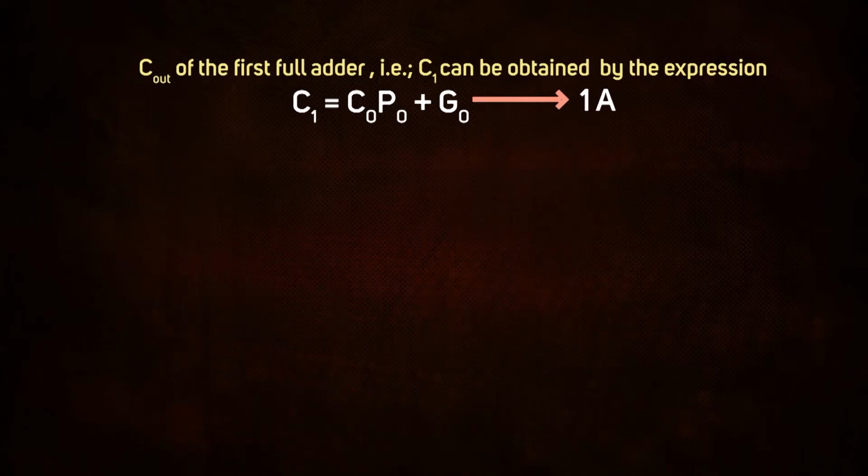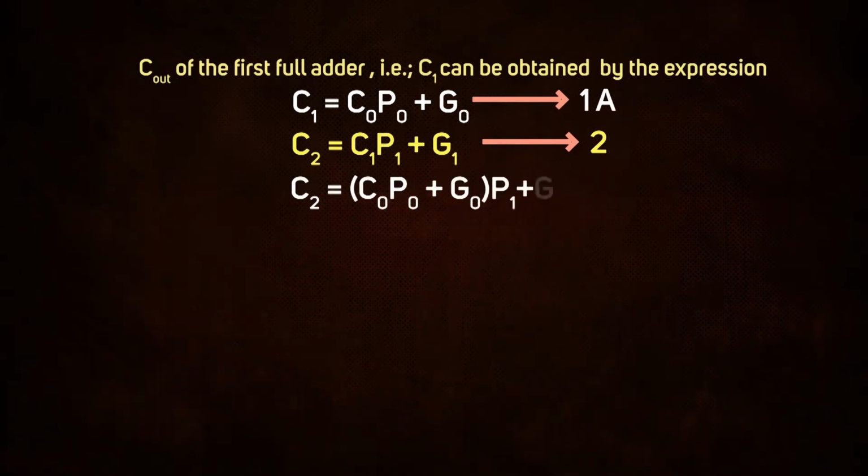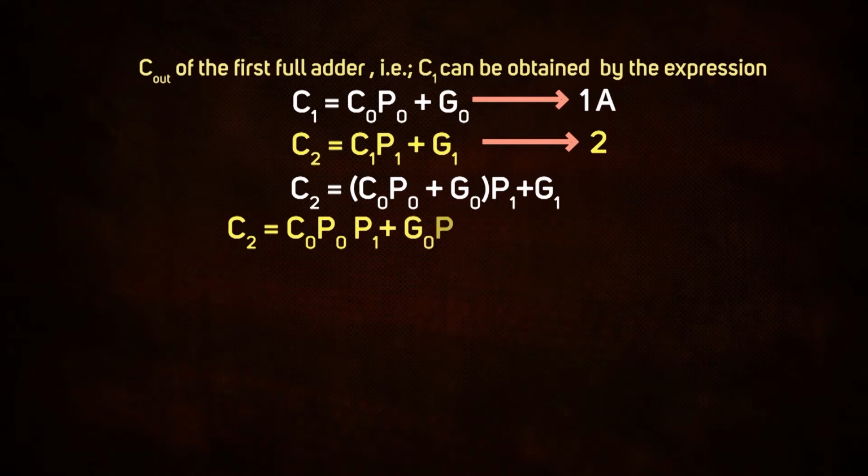We know that C2 equal to C1 P1 plus G1. This is equation 2. Substitute for C1. Then we write C2 equal to (C0 P0 plus G0) dot P1 plus G1. Hence, we get C2 equal to C0 P0 P1 plus G0 P1 plus G1. Let us call this equation 1b.